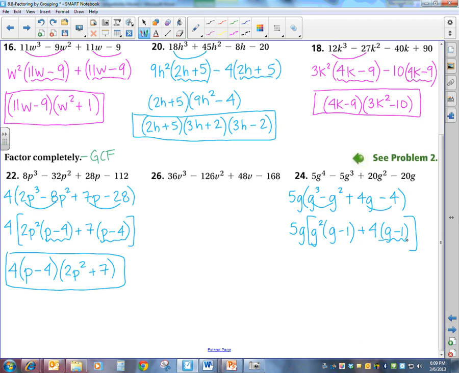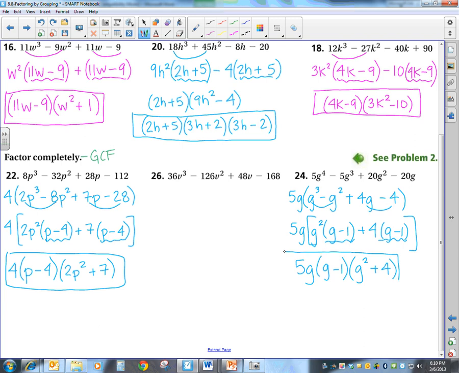So I've got my common binomial factor here. So when I write my answer, I have 5g, writing down my common binomial factor, and then what I have left is g squared plus 4. Now that's a perfect square, but that's not a difference. So I can't do anything else with it, and I'm done.